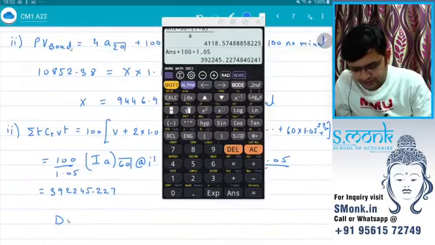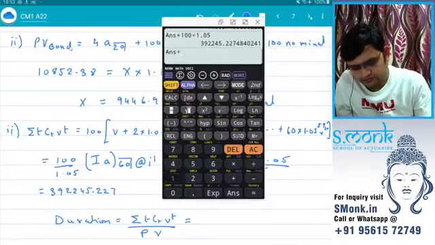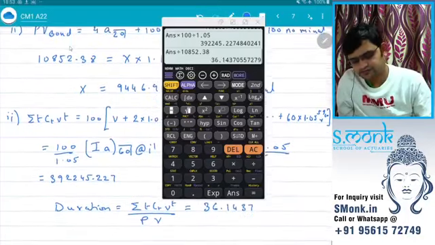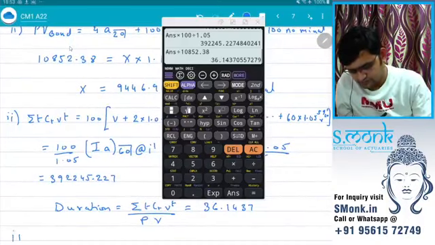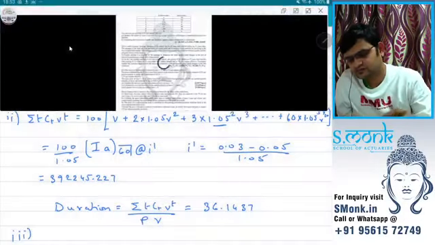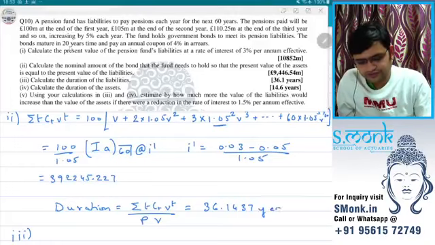And we know our duration would be summation t Ct v raised to t by present value. So we already know the present value. The duration is 36.1437 years.